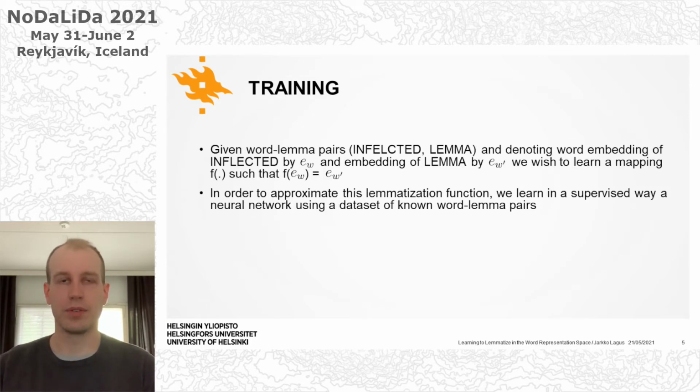The training process goes so that when we're given these word and lemma pairs, we aim to learn some kind of mapping, in this case a neural network, that takes these inflected word embeddings and turns them as closely as possible to the lemma that we have paired it with.